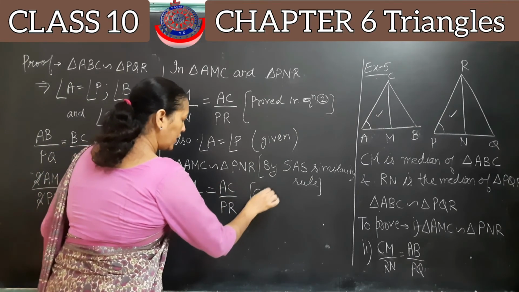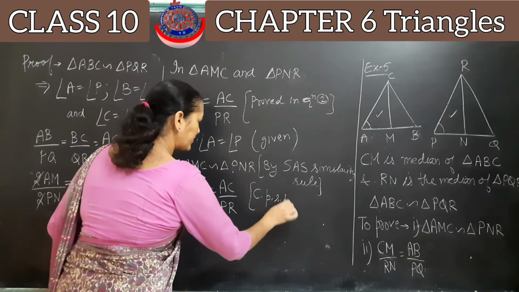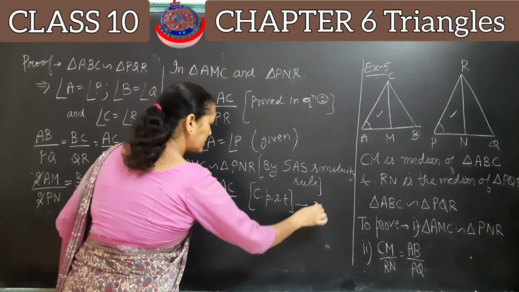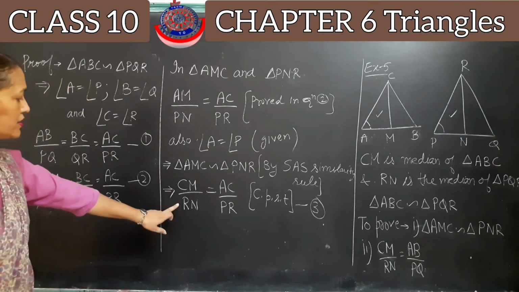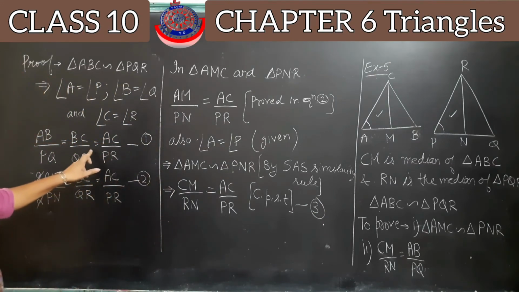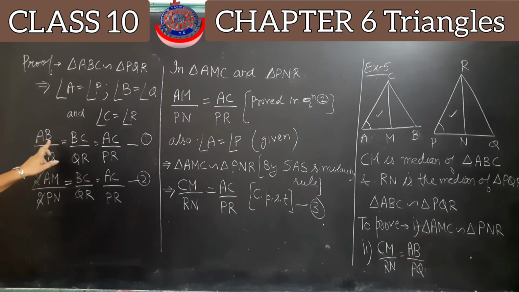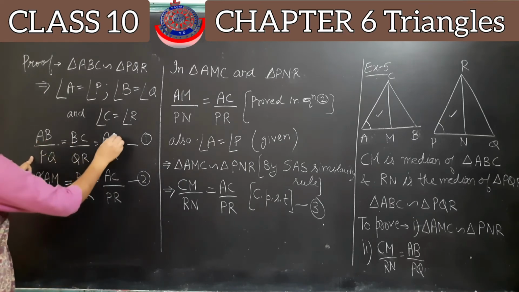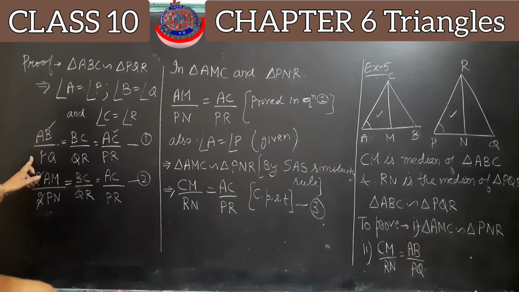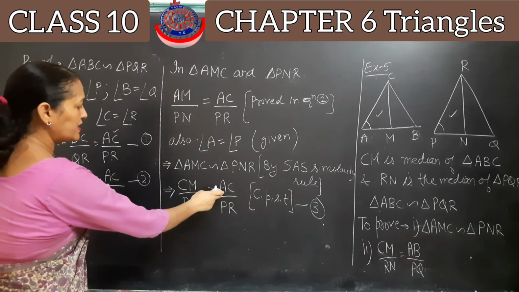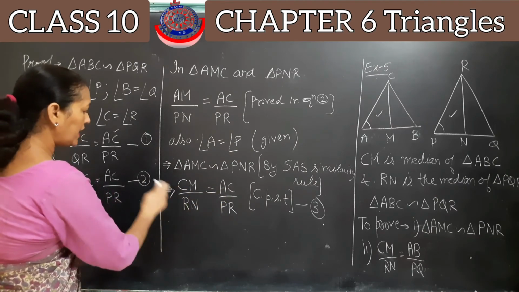This is by corresponding parts of similar triangles. Suppose this is equation 3. Now look at equation number 3 as well as equation number 1. In equation number 1, AC upon PR is equal to AB upon PQ, and in equation number 3, AC upon PR is equal to CM upon RN.